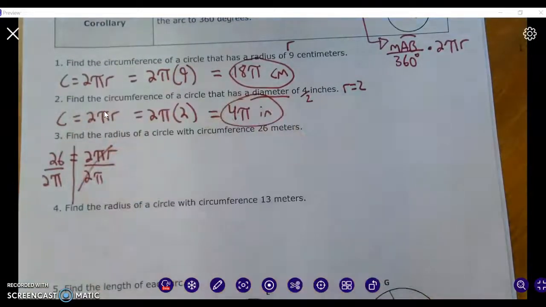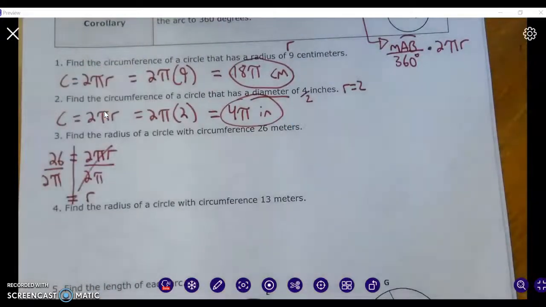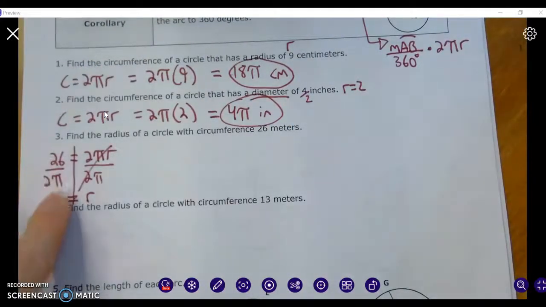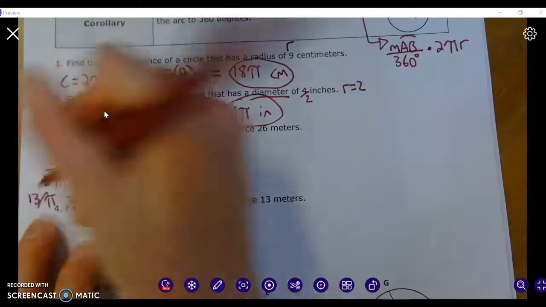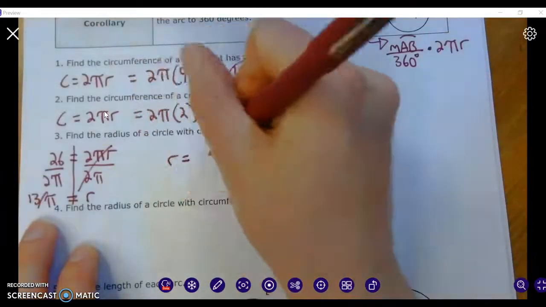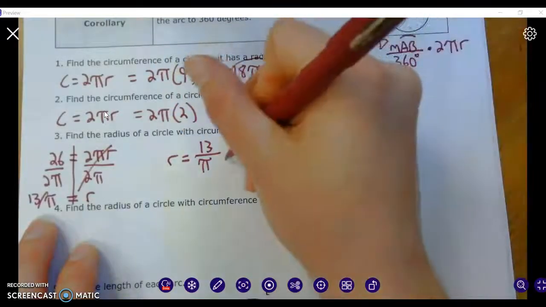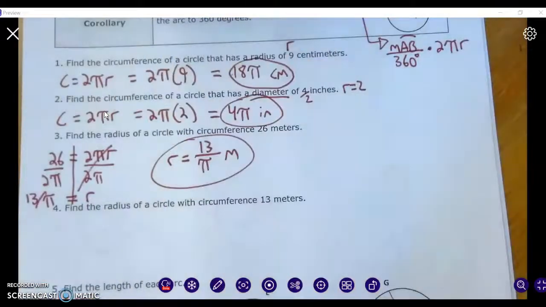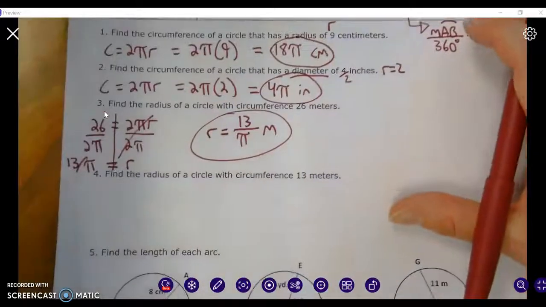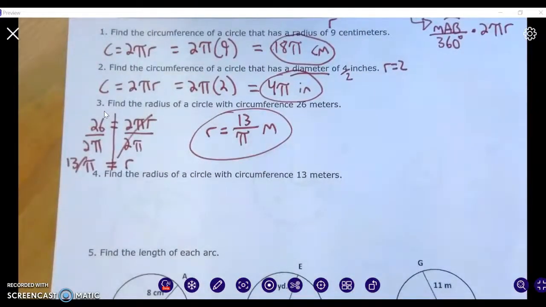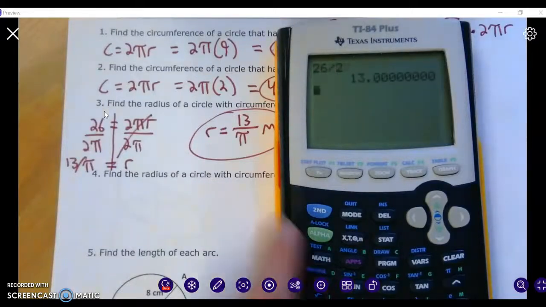Then that's going to cancel out over here, so we just have radius on this side. And then we have 26 divided by 2, which is 13, divided by pi. So we're going to write our answer as 13 over pi, and this was meters. And we're just going to leave our answer like that. So don't actually type in the pi into your calculator. All we're doing is taking 26 divided by 2 to get that 13.